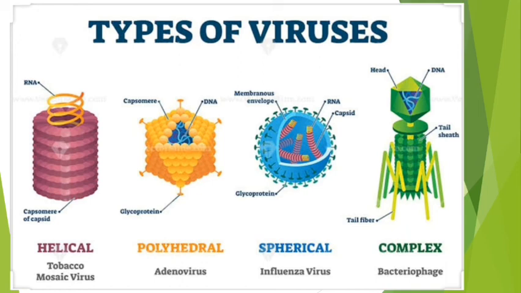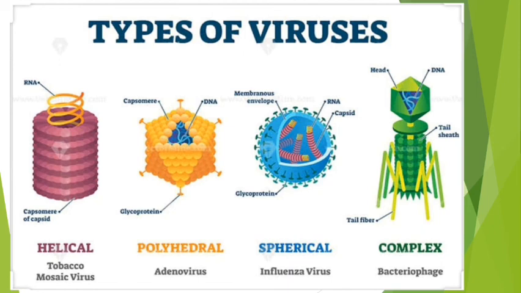Then next you can see the spherical virus. Here the infectious genetic material is RNA. Can you see here RNA? They also have a membranous envelope, a cover, and outside you will find a layer, that is a glycoprotein layer.